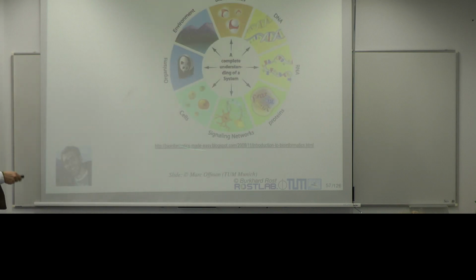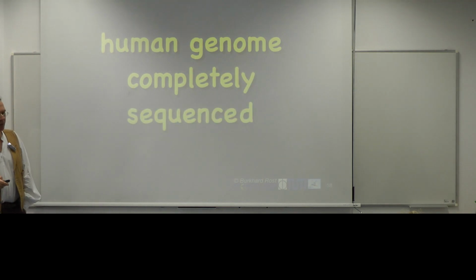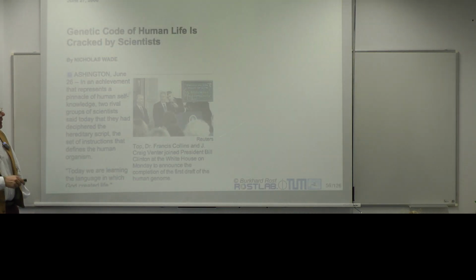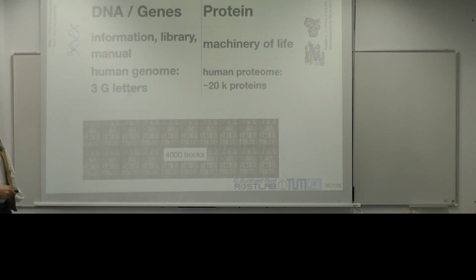In order to do that, we have to look at many aspects of the difficulty, and it's not easy. But what we do have is the completed genome since 2000, and what we essentially now know is this entire thing contains three G letters, so 3G nucleotides.